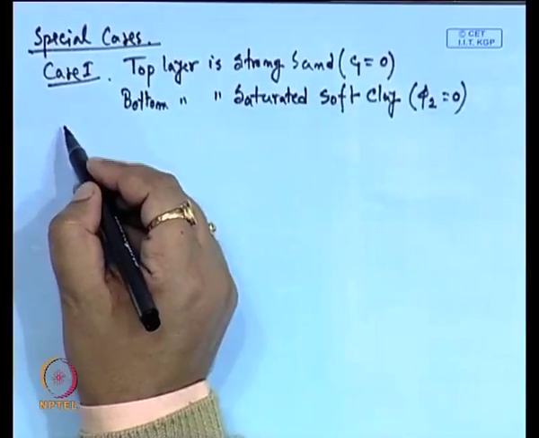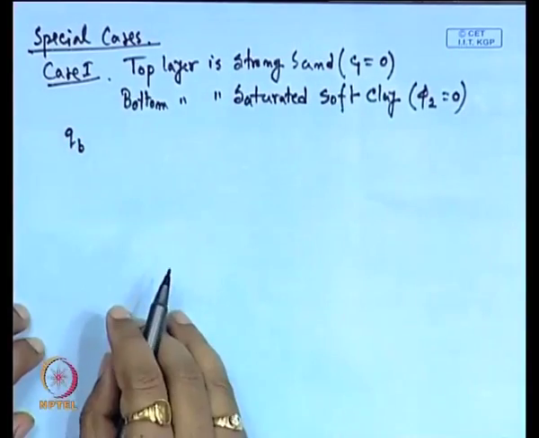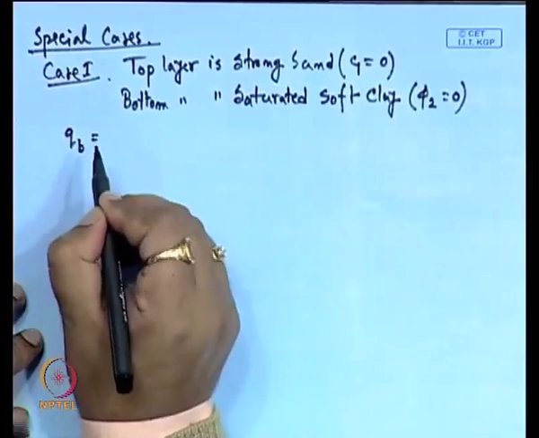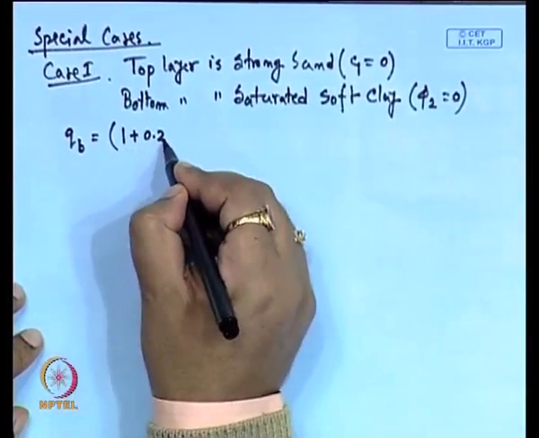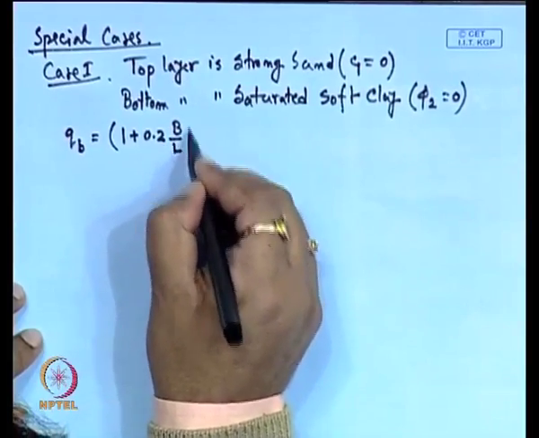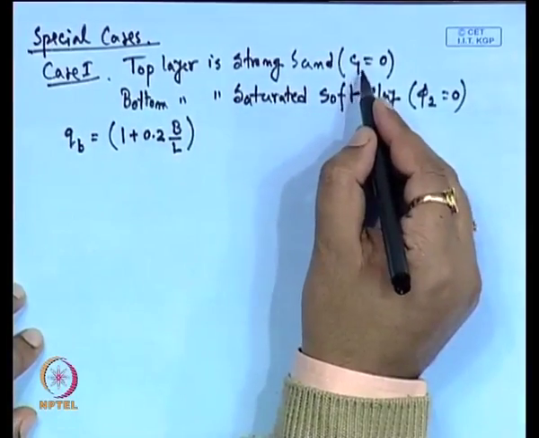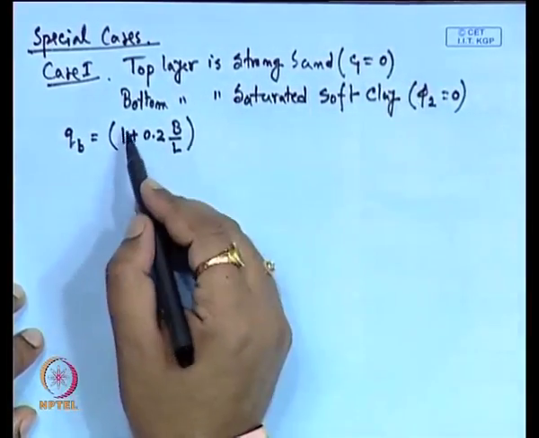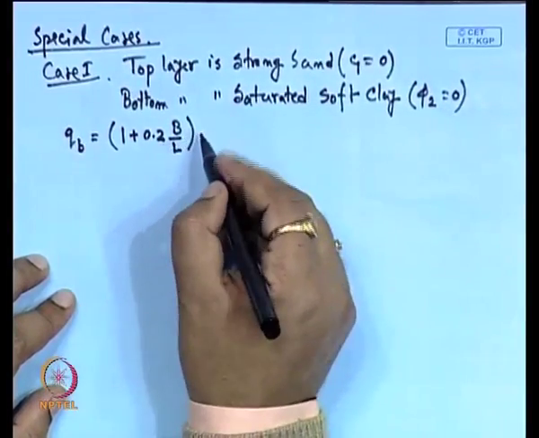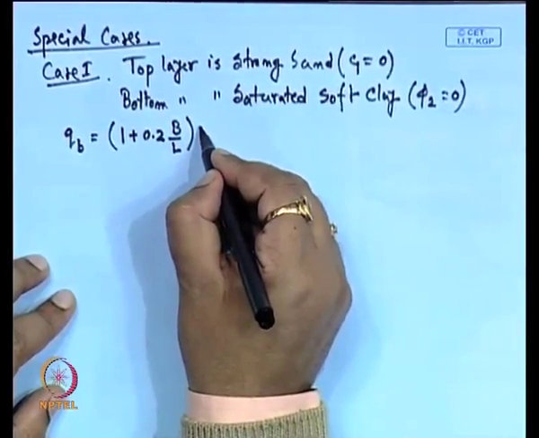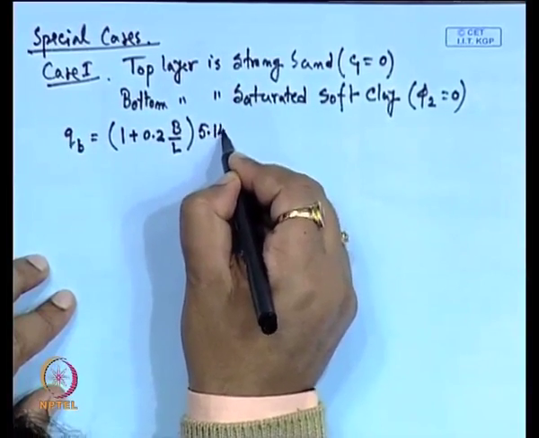So, now if I calculate the Qb with the shape factors, then we can write 1 plus 0.2 B by L, that is for the shape factor, and as for the bottom layer phi 2 is equal to 0, then the Nc will be 5.14.